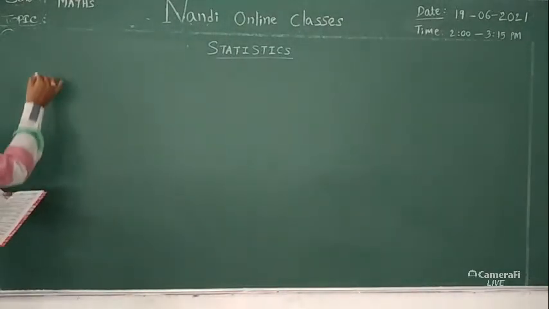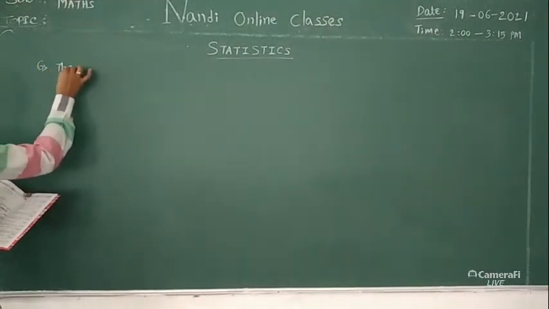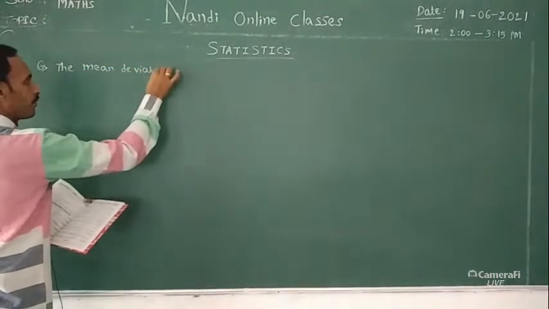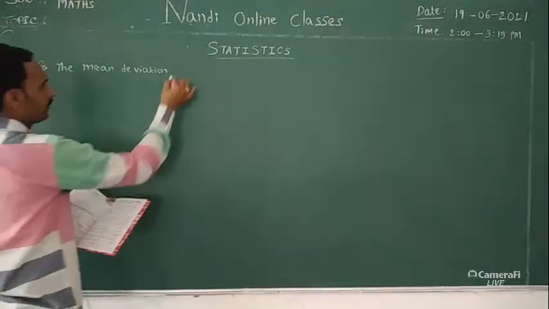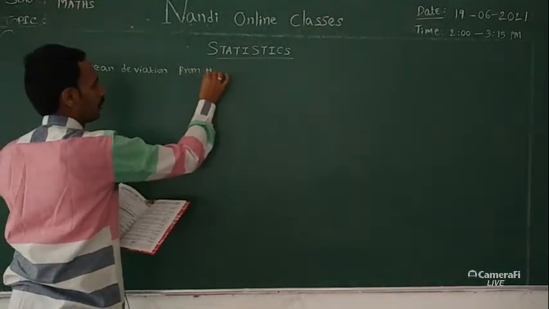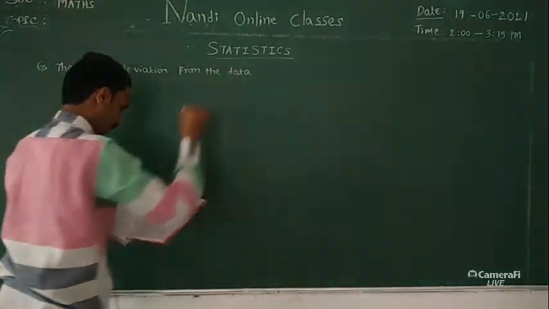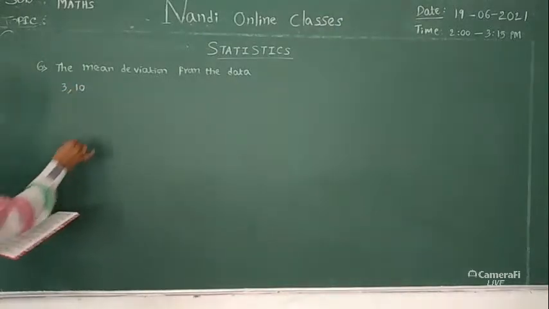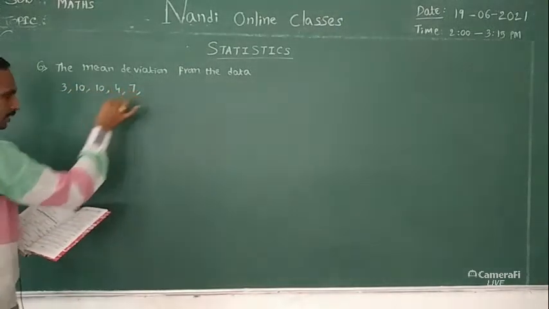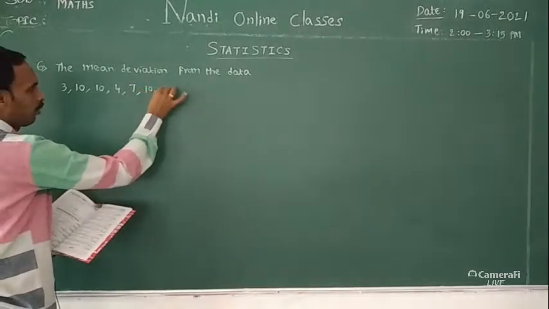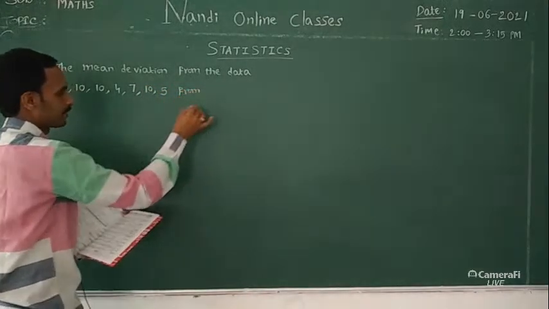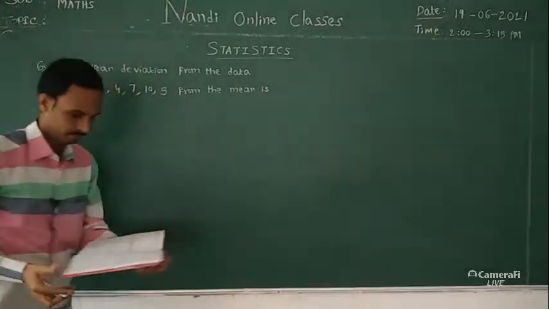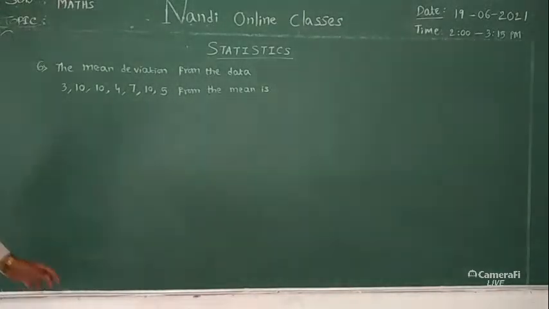The mean deviation of the data 3, 10, 10, 4, 7, 10, 5 from the mean is... Okay.